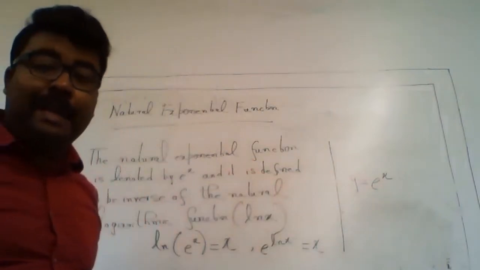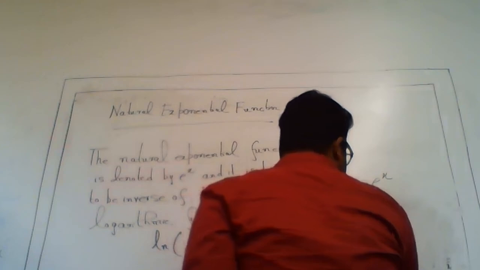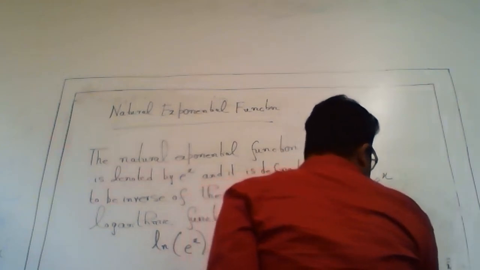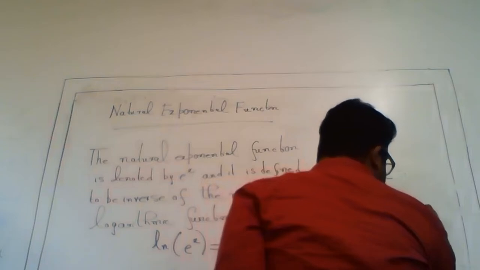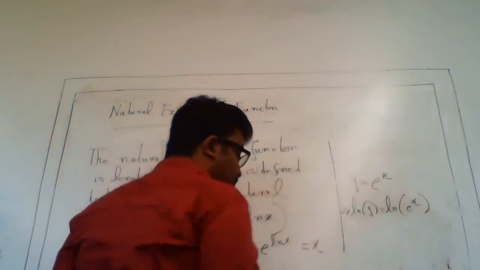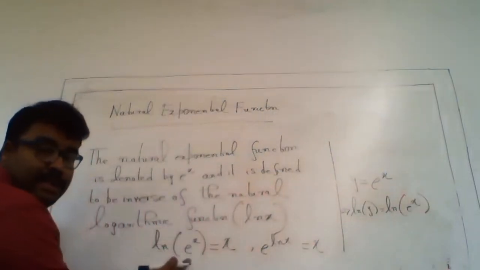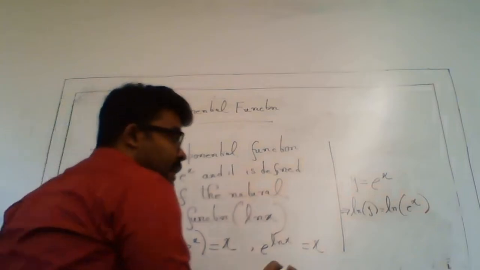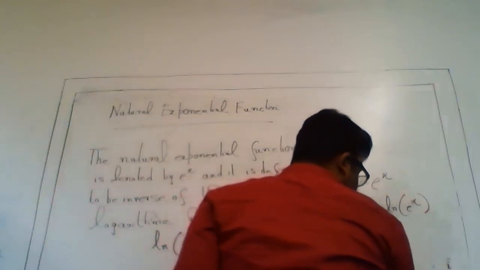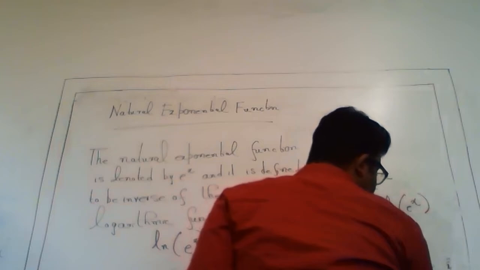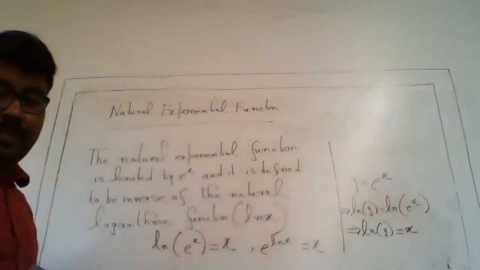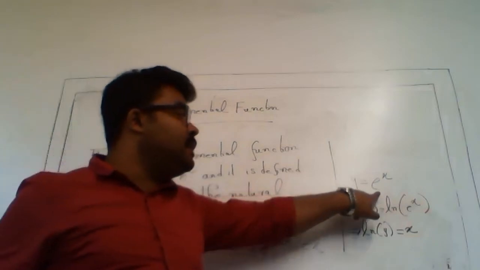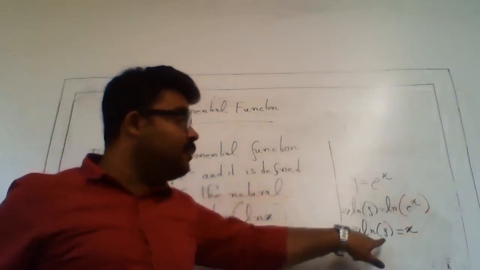If I apply ln on both sides, I have ln y equal to ln e to the power x. Now ln e to the power x cancel each other using the property, and I'll be left with ln y equal to x. So y equal to e to the power x implies ln y equal to x.